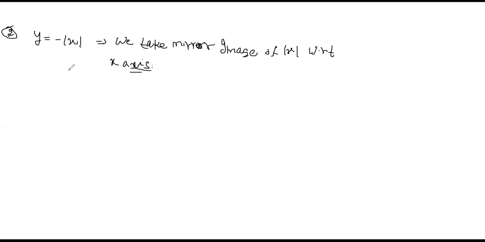If the graph of mod x is this, then the graph of minus mod x will be this. Got it? This is minus mod x. Write down. You will write properly, then you will get the explanation of the graph. Write properly, point by point, 1, 2, 3, 4.